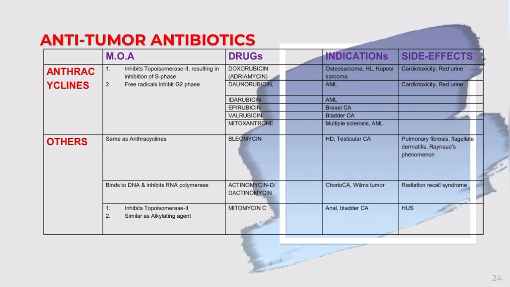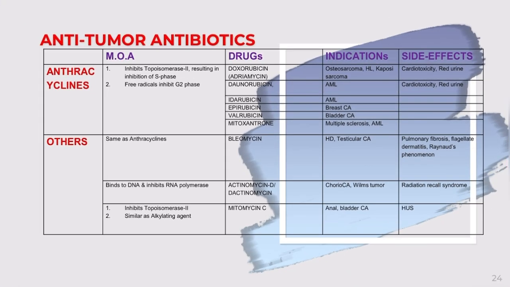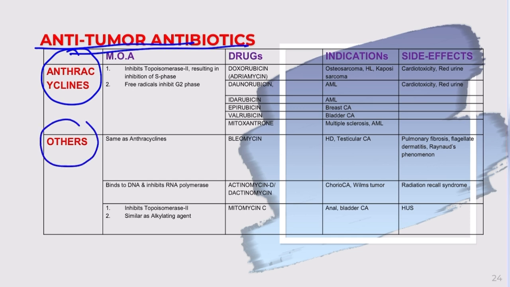And here is a chart. Don't try to remember everything. In this chart, one group is anthracyclines and the other is others. Here I have written the mechanism of action of all these drugs. My suggestion is don't try to remember this, okay?